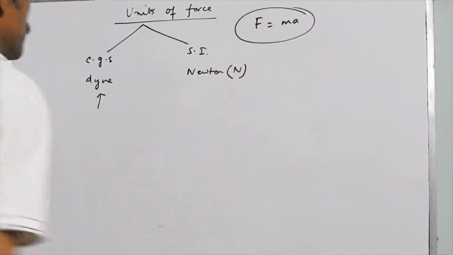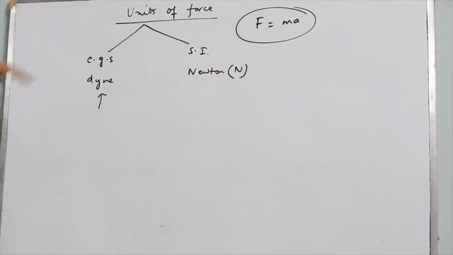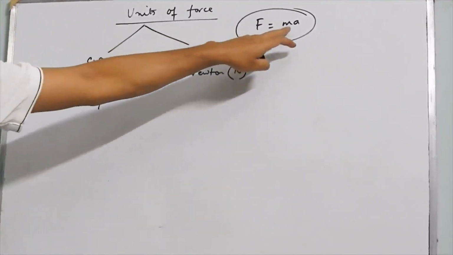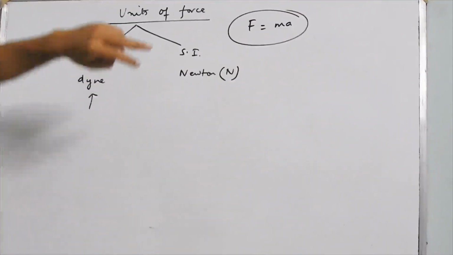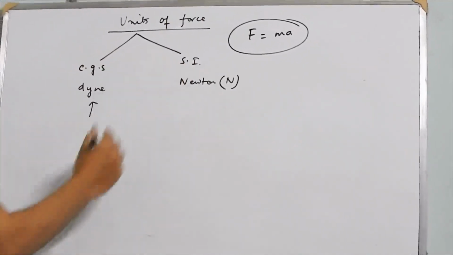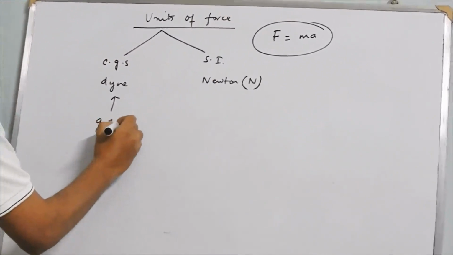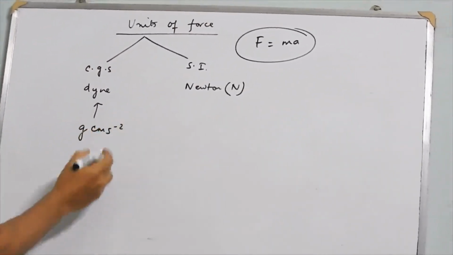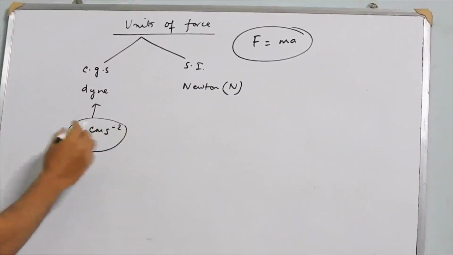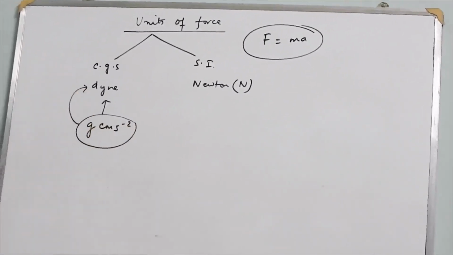So whenever you are using either CGS or SI unit, the unit of force is equal to the unit of mass and the unit of acceleration. Unit of mass in CGS is gram and that of acceleration is centimeter per second square, so the unit of force is gram centimeter per second square. So this gram centimeter per second square is actually called a dyne.